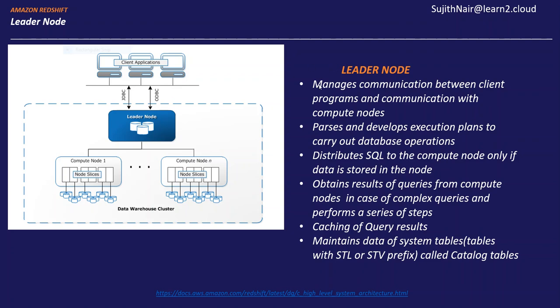So let us further look at the other activities that a leader node does. Let's look at the first point here: it manages communication between the client programs and communication with the compute nodes.